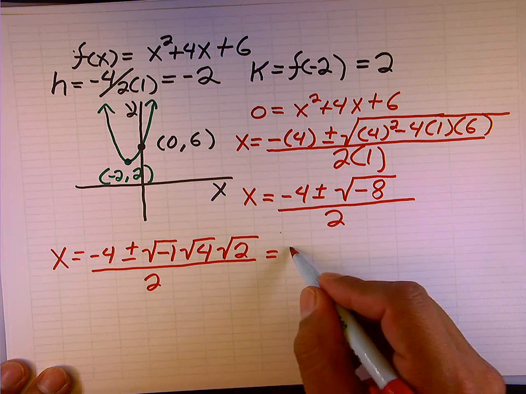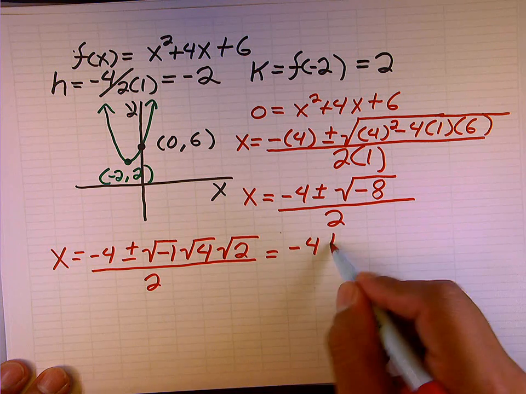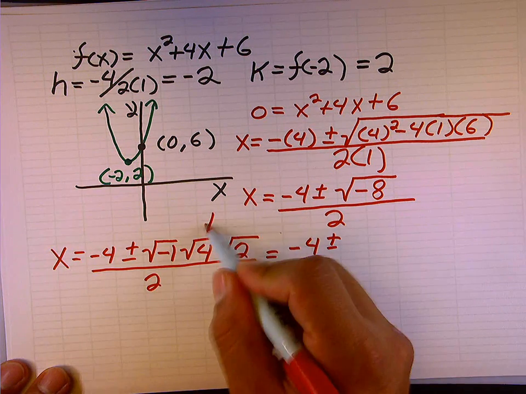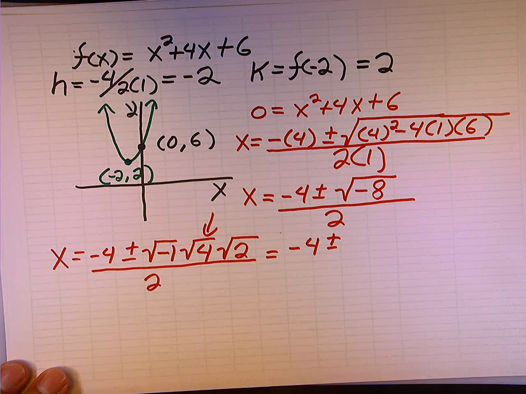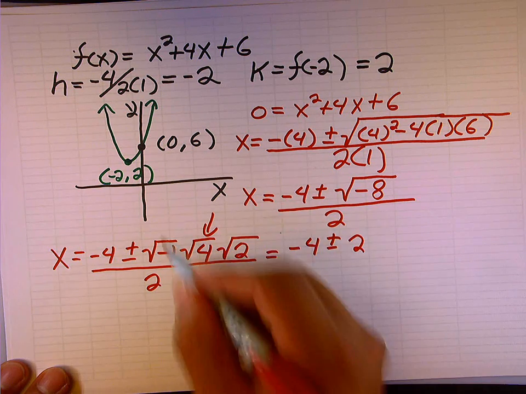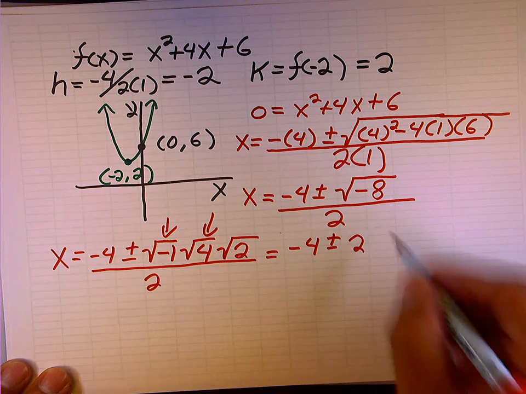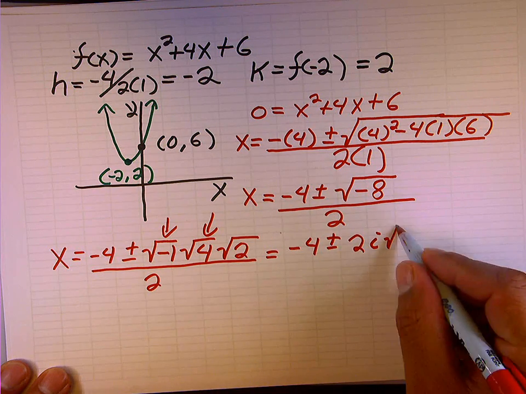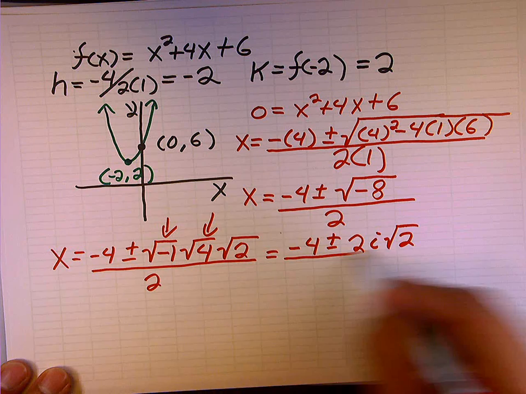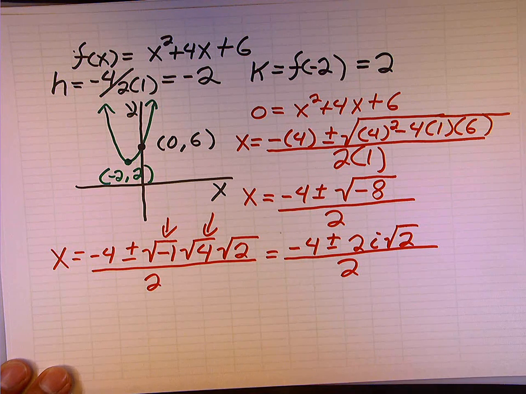So my answer is going to look like negative 4 plus or minus. I can take the square root of the 4, giving me a 2. The square root of negative 1 I can rewrite as i, and I still have this number under the radical. The greatest common factor to a 4 and a 2 is 2.